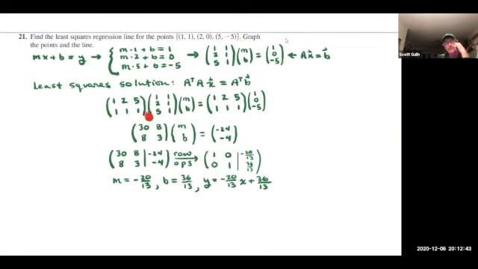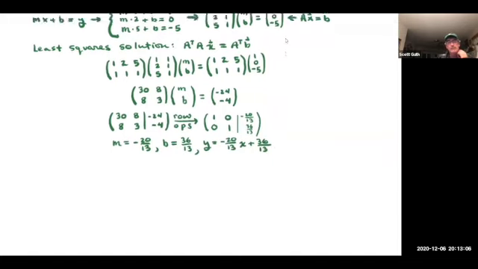And you end up with a smaller system of equations when you do this that you can row reduce. And here you see that m is -20 over 13, and b is 36 over 13. And so it's y equals mx plus b, and that's the least squares solution. It's super simple, and it's a really neat algorithm for doing that.